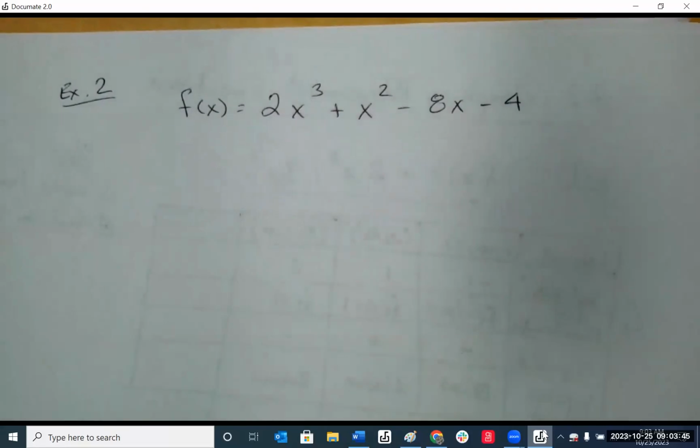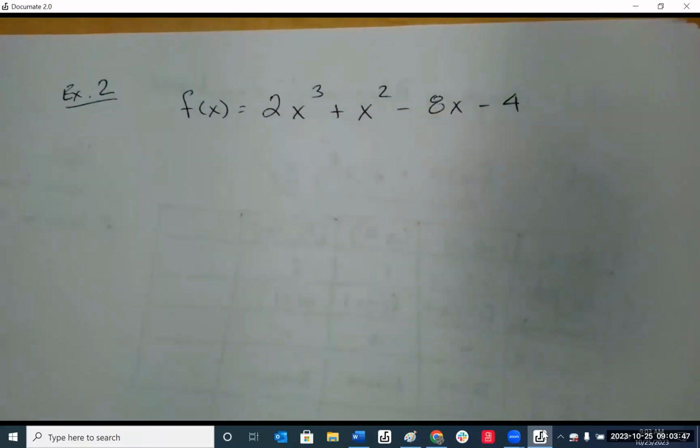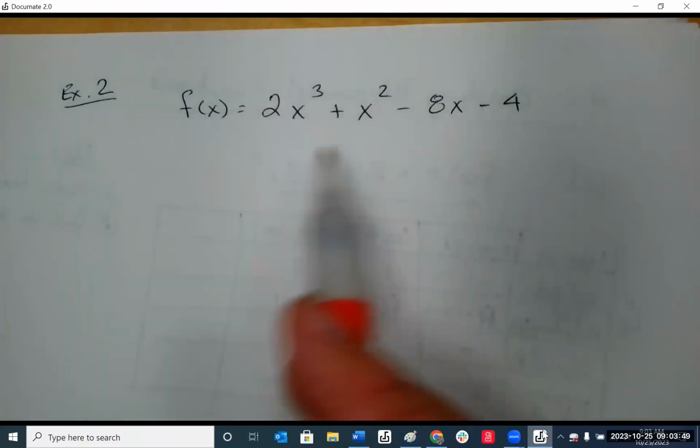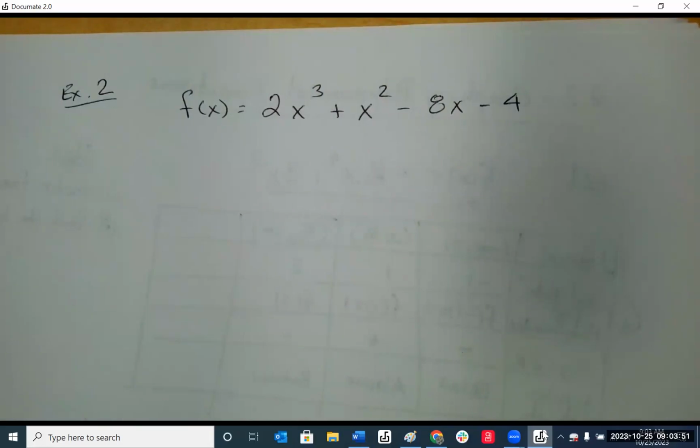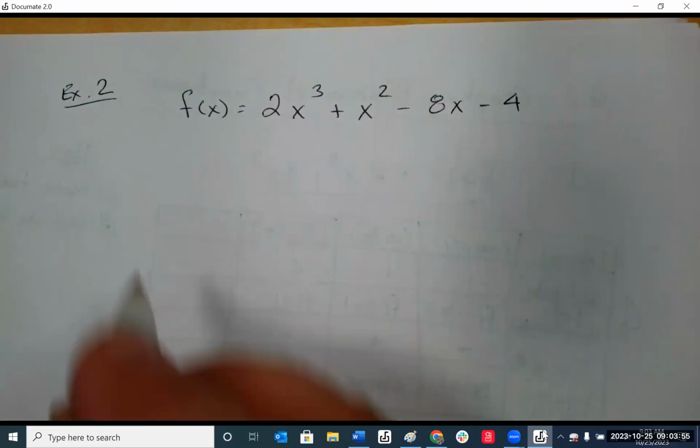Again, first thing we have to find the x-intercept. We have to factor it out. We have 4 terms, so what method are we going to use? We're going to use grouping.